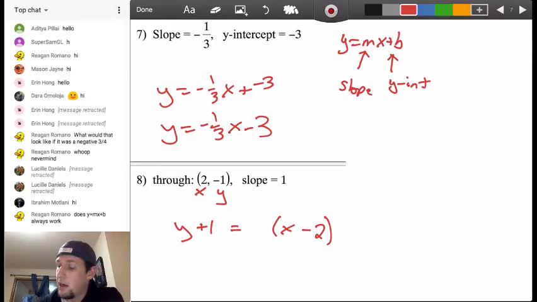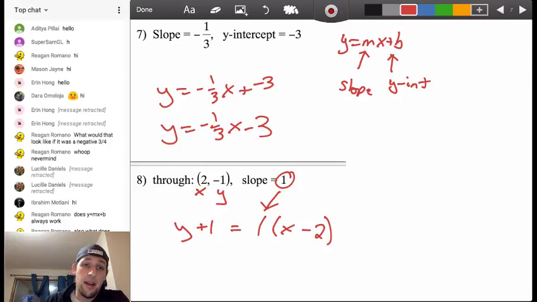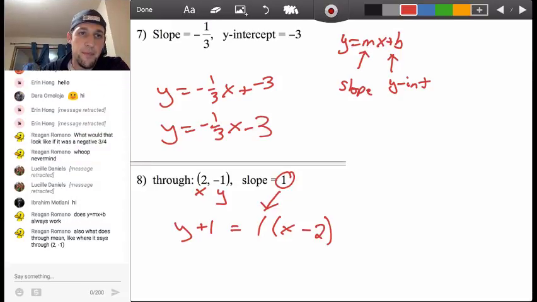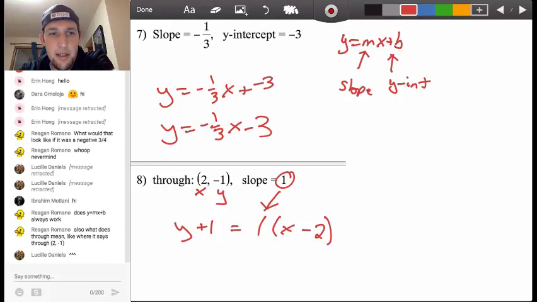My slope always just goes right out in front of parentheses. So I'm going to write the 1 there. Do I have to always write it? No, not necessarily. I don't always have to write it because in this case, it's a 1. So I don't necessarily have to write that.